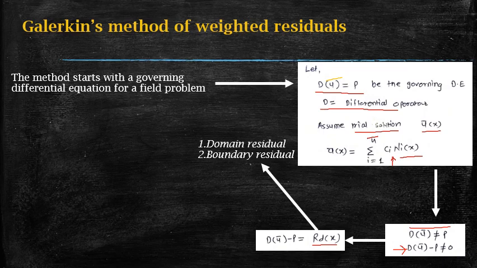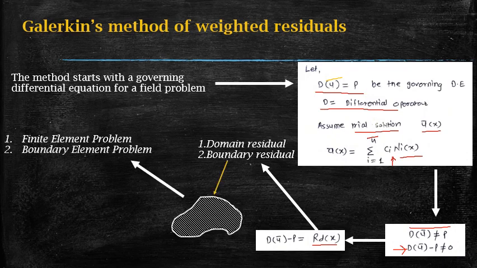Before proceeding, let me tell you one thing. There are two types of residuals. One is boundary residual and another is domain residual, and corresponding to these two residuals, there are two different problems: finite element problem and boundary element problem.